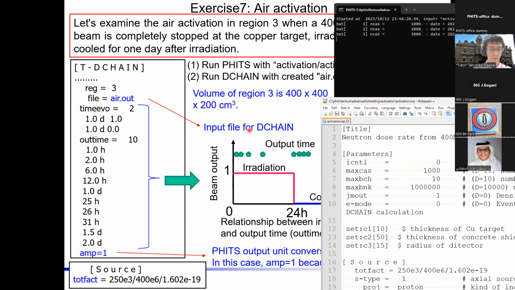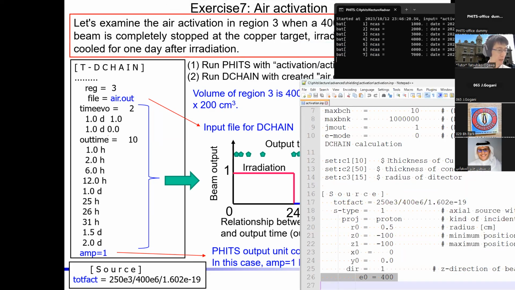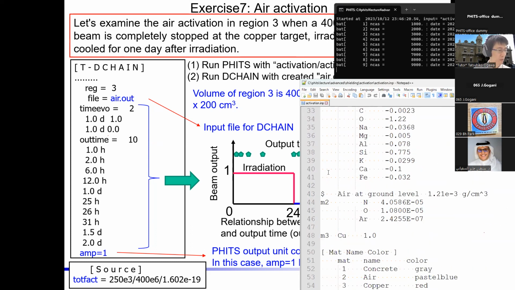So in the first step, the proton beam is shot to the target with the kinetic energy of 400 MeV. And then neutrons, protons, and other secondary particles are created in the copper target.